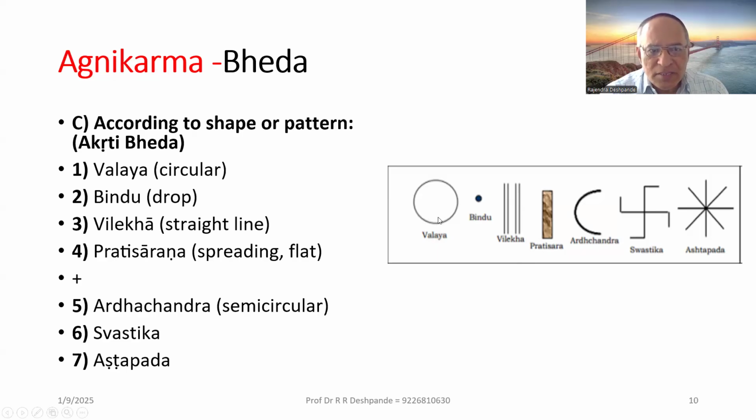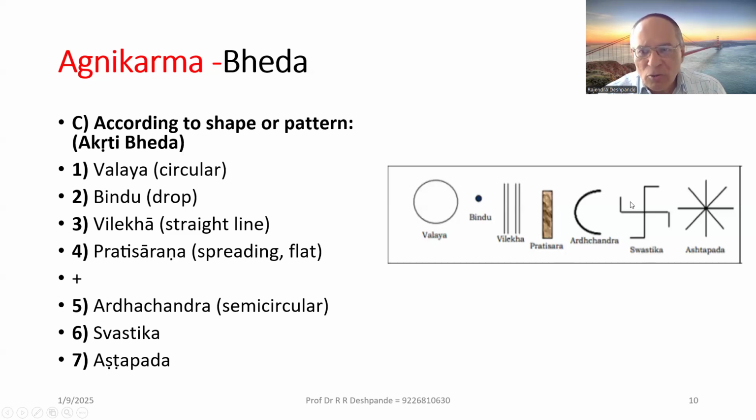For example, this is called Valaya, a circular type of Agni Karma. Then there is Bindu, the drop type, only on a specific spot. Then Vilekha, the straight line Agni Karma. Then Pratisarana, where we spread a particular hot substance over the area, spreading or flat.